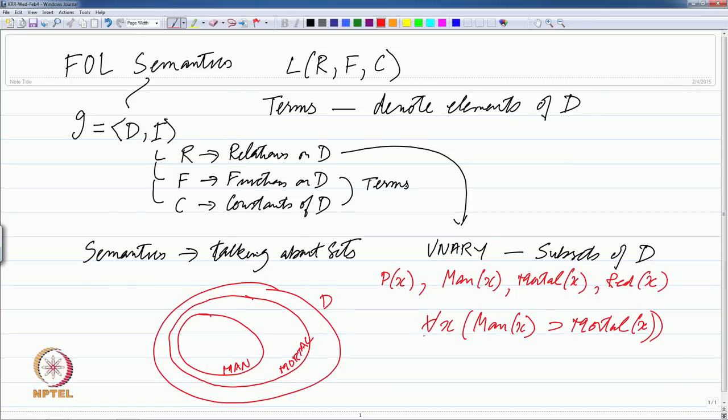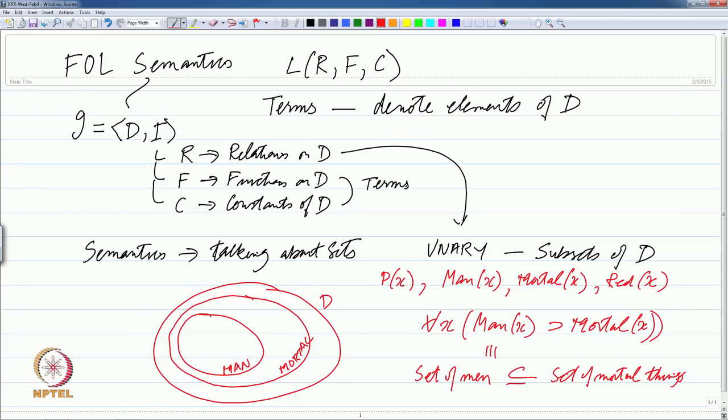So, this statement is essentially equivalent to saying the set of men is a subset of the set of mortal things. Let me just use the word things.